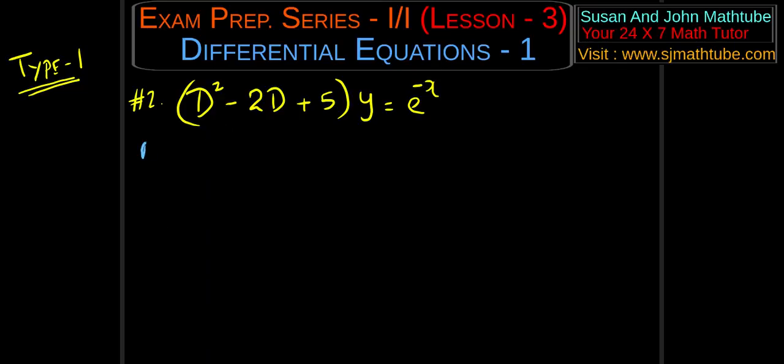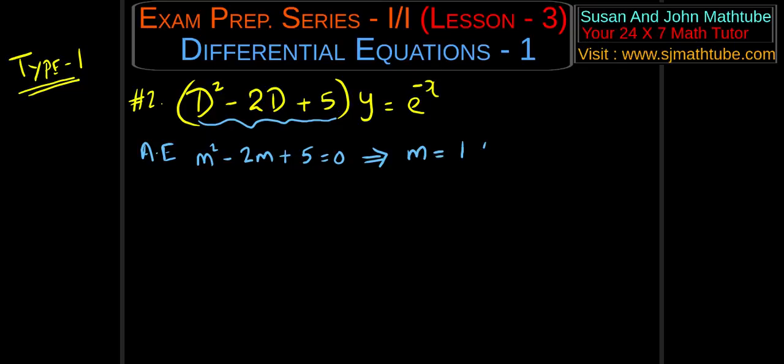Okay, first we write the auxiliary equation. We just ignore everything and consider only this part. So the auxiliary equation is m square minus 2m plus 5 equal to 0. Use a calculator and solve. Anyway, I got m equal to 1 plus or minus 2i.